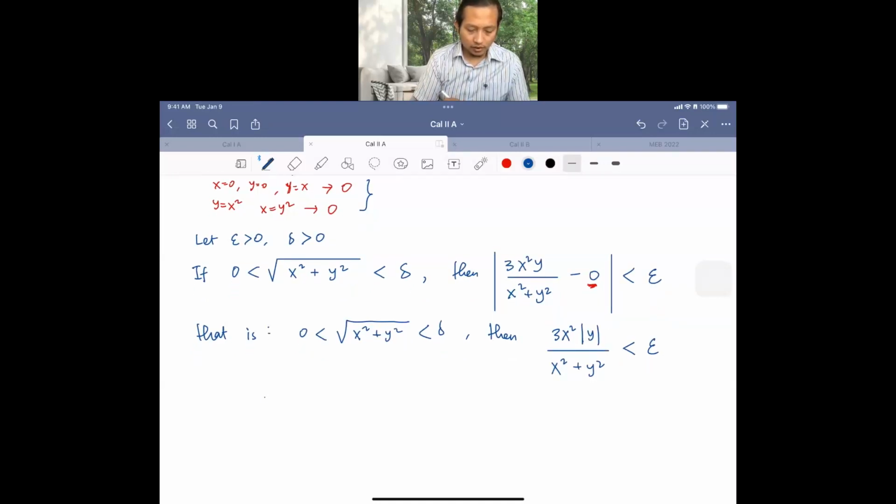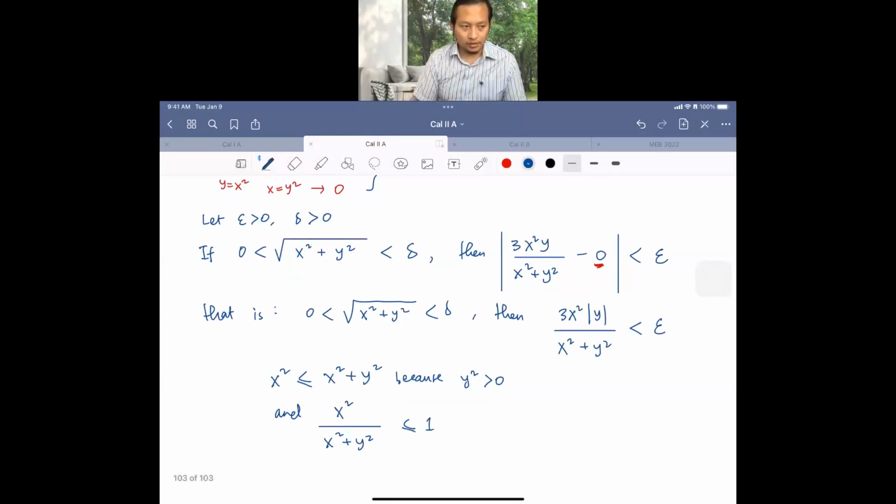And x squared will be less than or equal to x squared plus y squared. Okay, it's because it's a positive number. And then, this is true because y squared is a positive number, and we also see that this will be less than or equal to 1, as an implication.